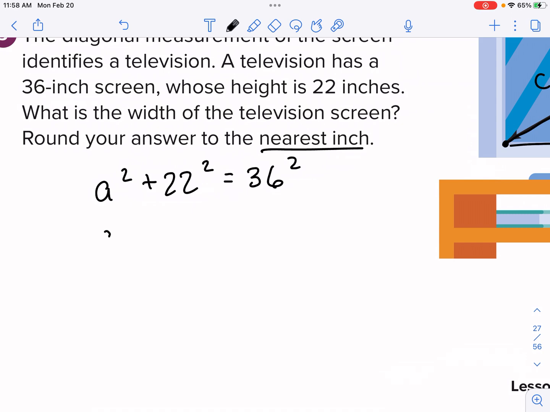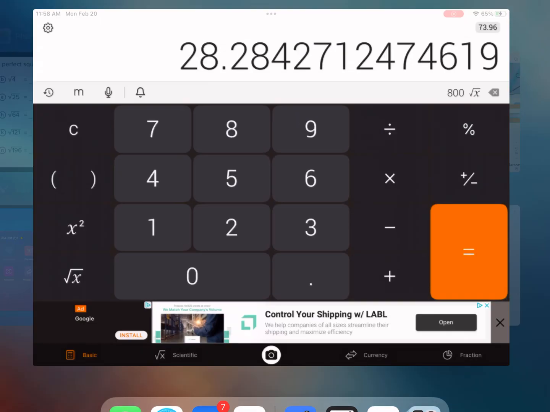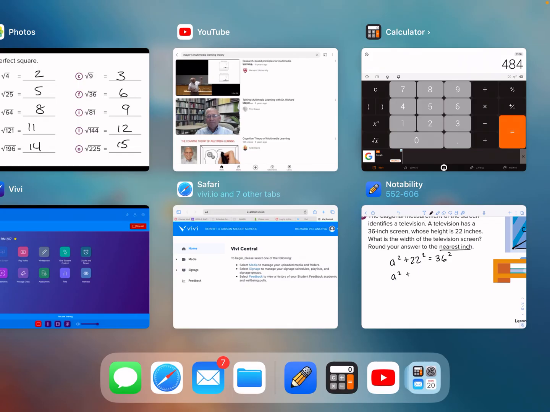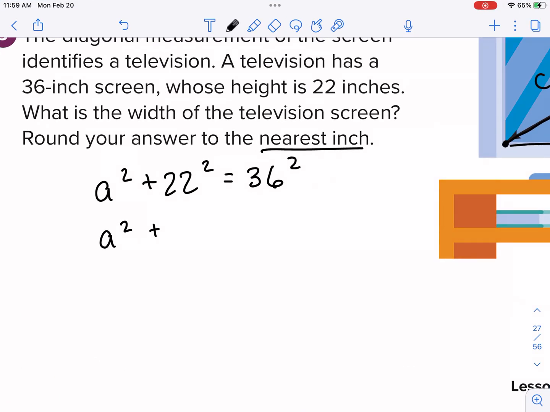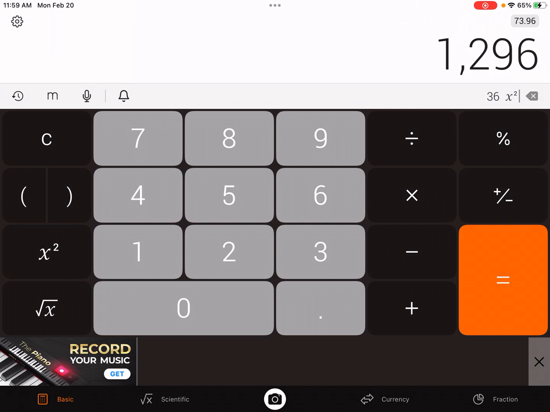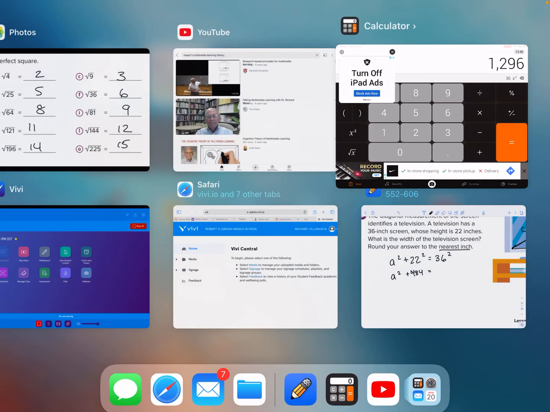All right, we're going to get A squared plus 22 squared. What is 22 times 22? Let's figure that out. 22 squared, that's 484. What is 36 squared? 36 squared is 1296.